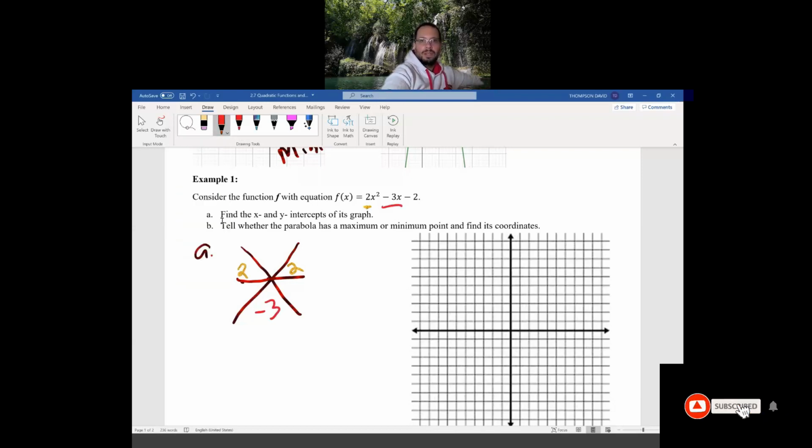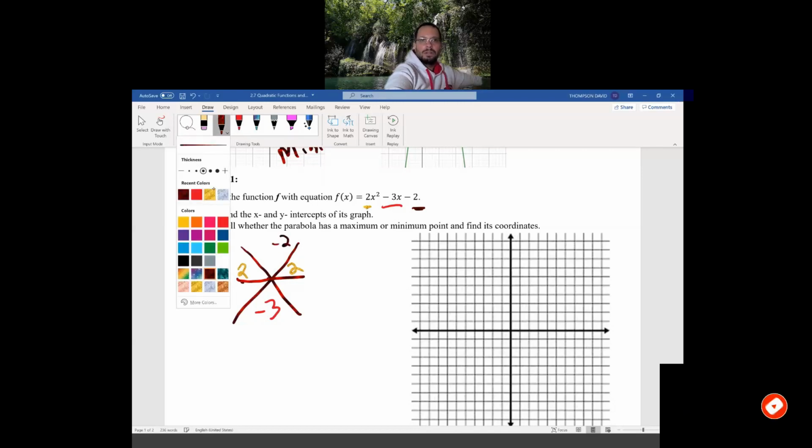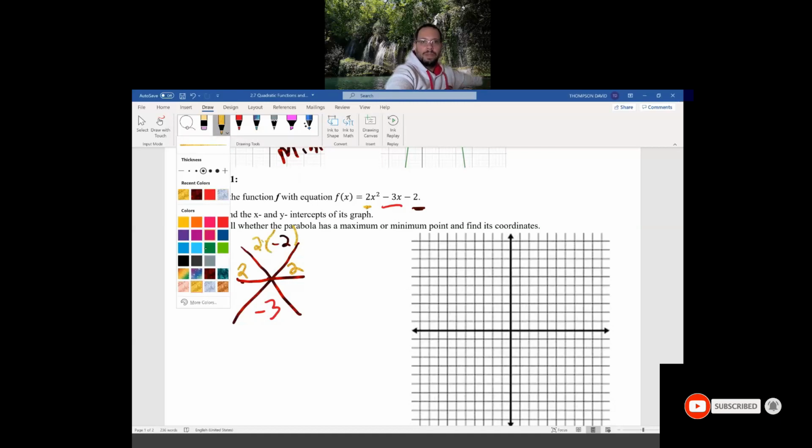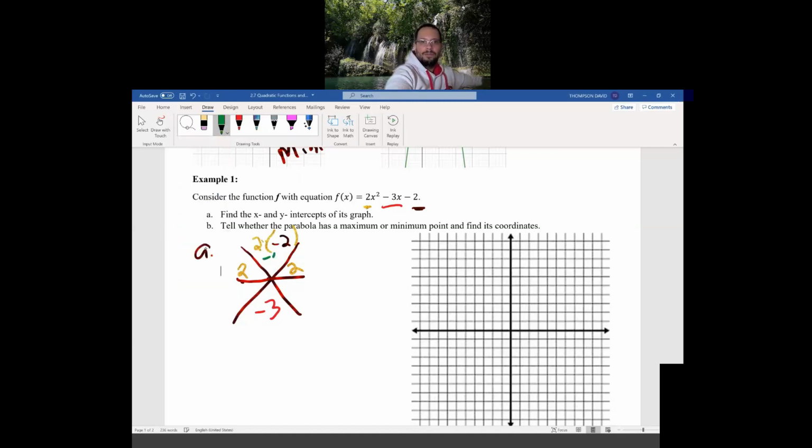And then we have our C term, we'll handle that in lava. So the top is going to be 2 times negative 2, and the final answer for the top would give me -4. So what we're looking for is two numbers that multiply to get -4, but add to get -3.